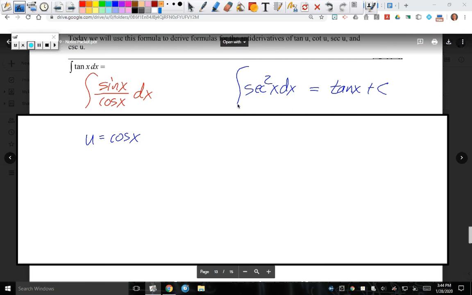Well, u substitution: du is negative sine of x dx. And up here, let's see how many pins I just knocked down with this u substitution. With this u assignment, you see that negative?